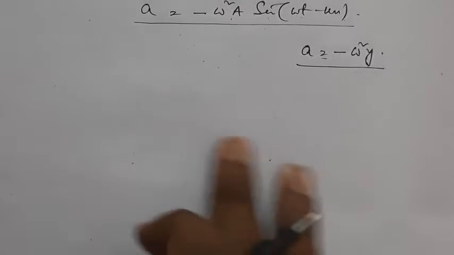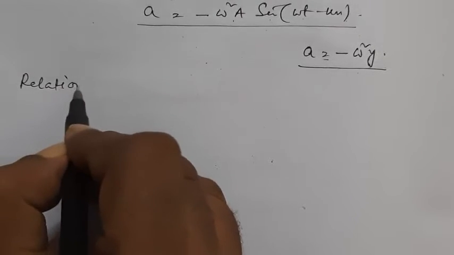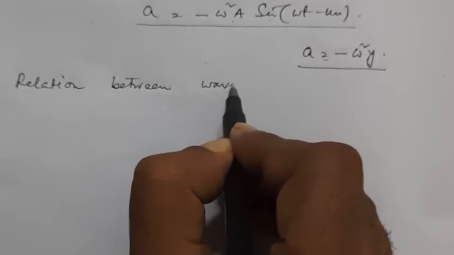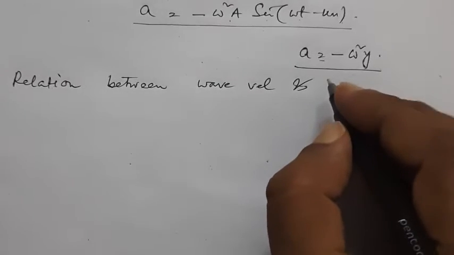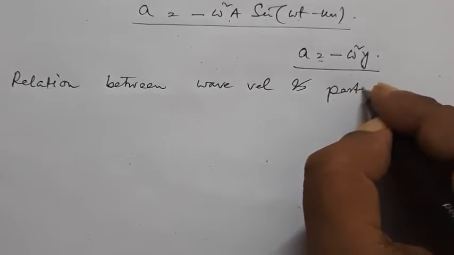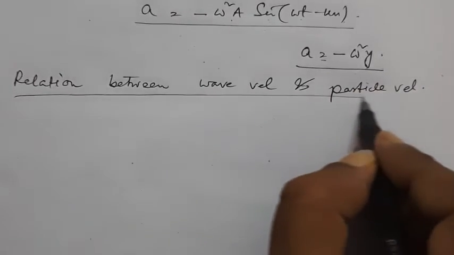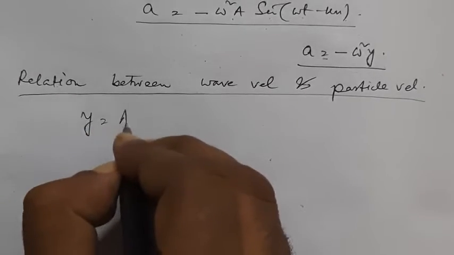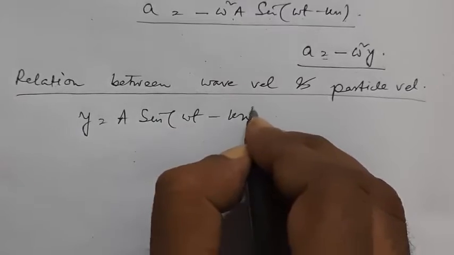Now one very important relation between wave velocity and particle velocity. Now y is equal to a sine of omega t minus kx.